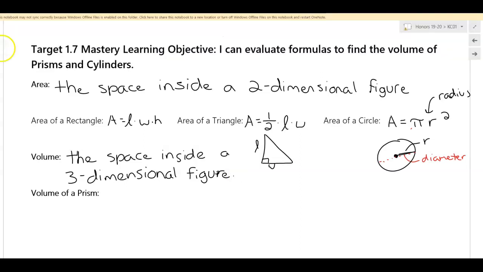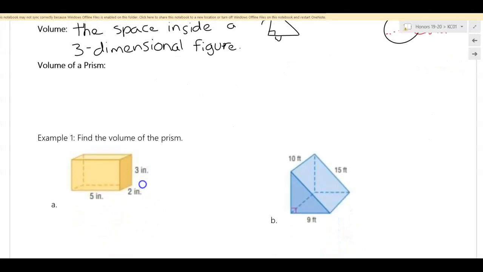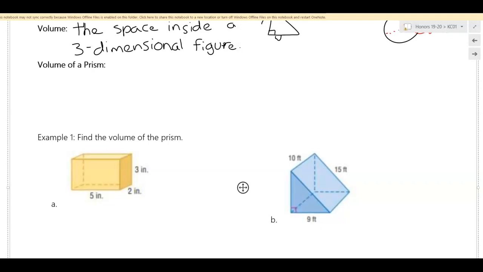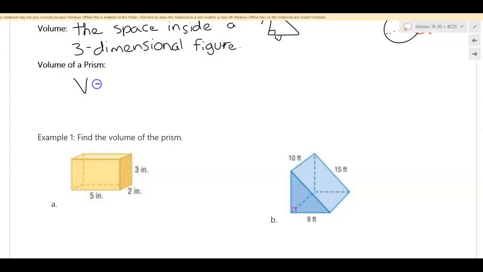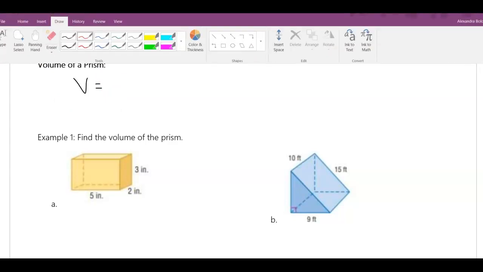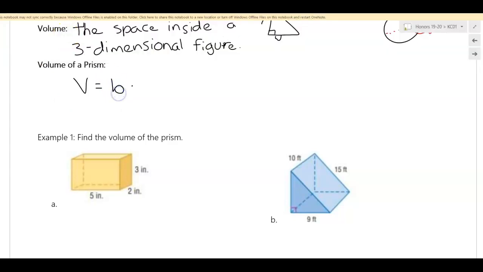So the first thing we have is a prism. Okay, and a prism is like a box. You can have rectangular boxes or like a triangular box. So how we find the volume of a prism is the volume equals the base times the height, okay?